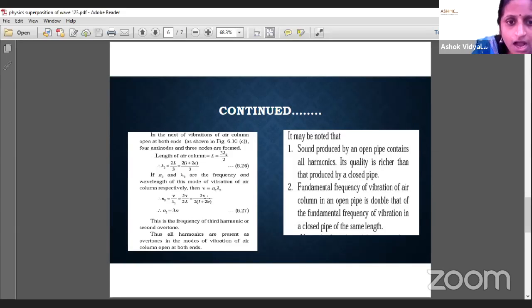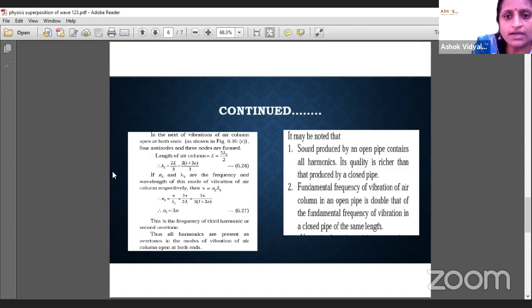But V upon 2 into L plus 2E is nothing but N. Therefore, N2 is equal to 3N. This is the frequency of the third harmonic or second overtone. From the above equations, we know that all the harmonics are present as overtones in the modes of vibration of air column open at both the ends.